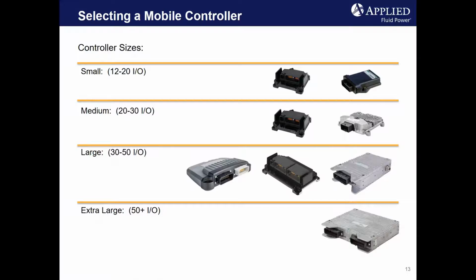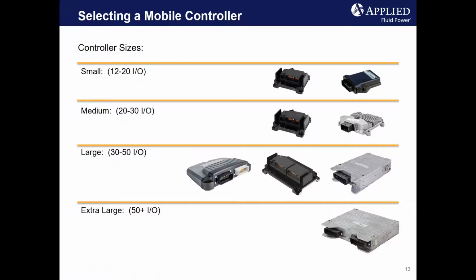When initially choosing a controller based on the I/O needs, it's a good rule of thumb to have a couple extra inputs and outputs for unforeseen additional I/O. This will eliminate the need to upgrade the controller for additional inputs and outputs in the future.